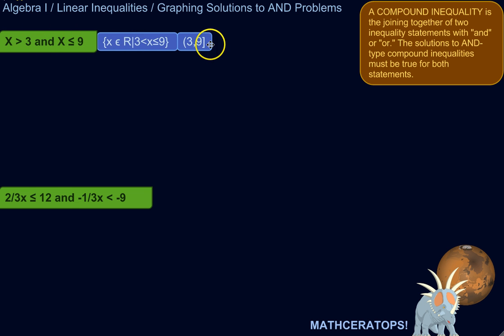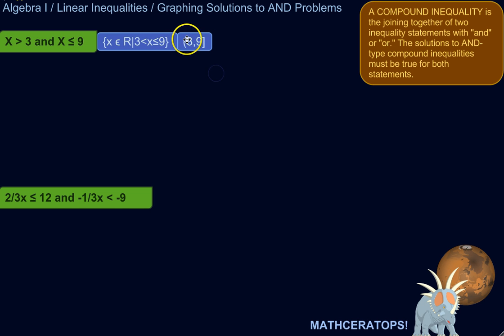Here's the same solution written in a couple different ways. This is set builder notation: x is a real number such that 3 is less than x, which is less than or equal to 9. Basically x is between 3 and 9, including 9.